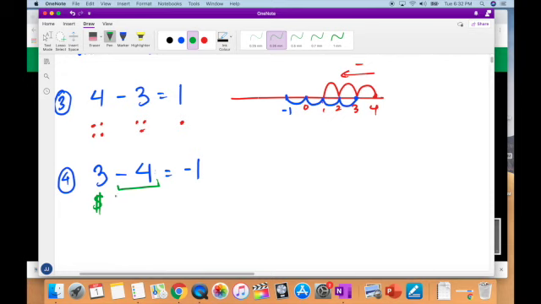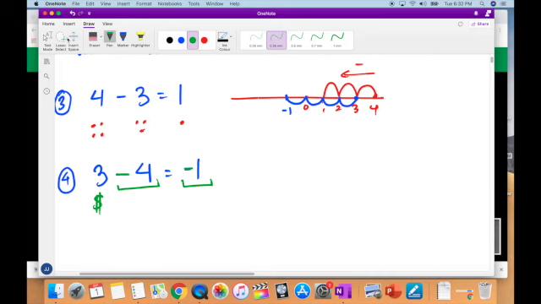So I owe the bank $4. How much money do I have? I have $3. How much money do I owe? So can I pay off the 4? How much could I pay? How much money will I owe then? Right. So you could look at a negative sign like you're owing, like you're in debt.